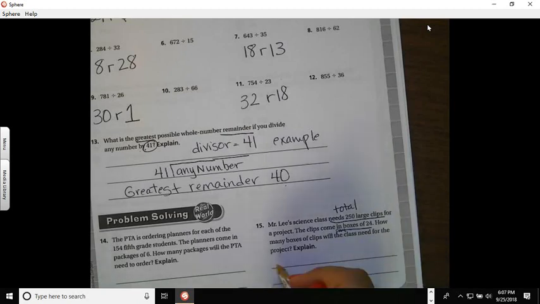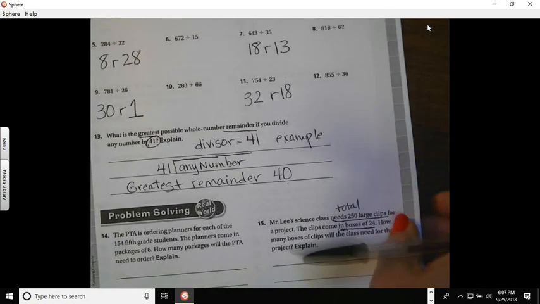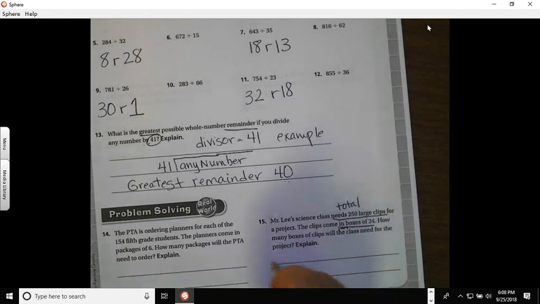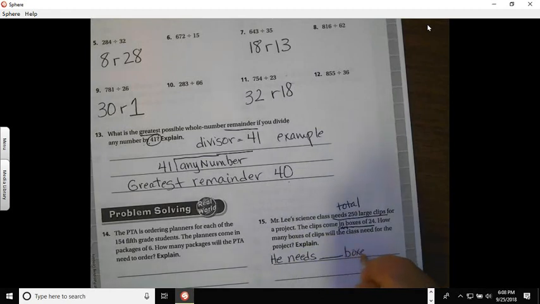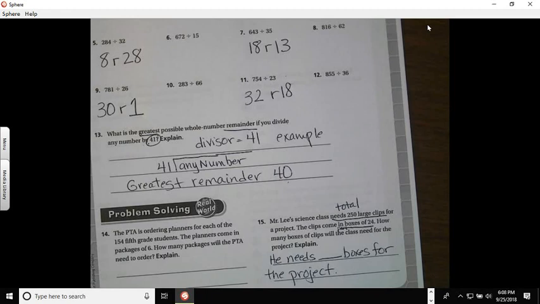So we need to find out how many boxes. So he needs blank boxes for the project. Okay. All right, so now let's come over here.